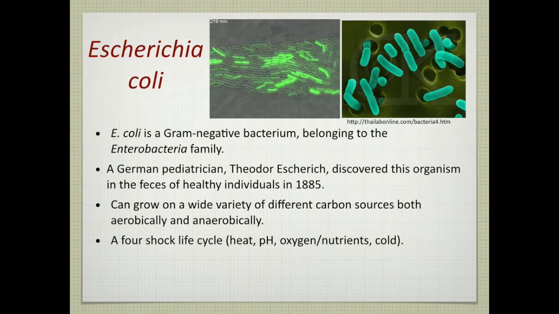When you study organisms, you always have to view them through the eyes of evolution and try to understand their lifestyle to figure out what they're actually doing, what homeostatic states do they strive for, and so forth. So E. coli, commensal E. coli, it lives with mammals mostly, or actually any organism that has a gut, has basically a 4-step life cycle, and each one of them is characterized by a shock.